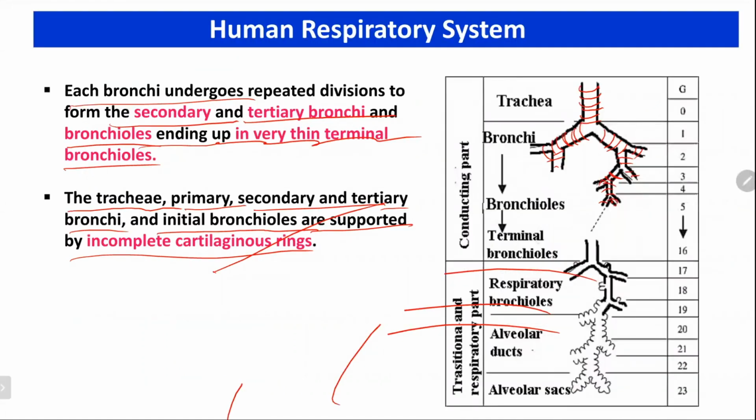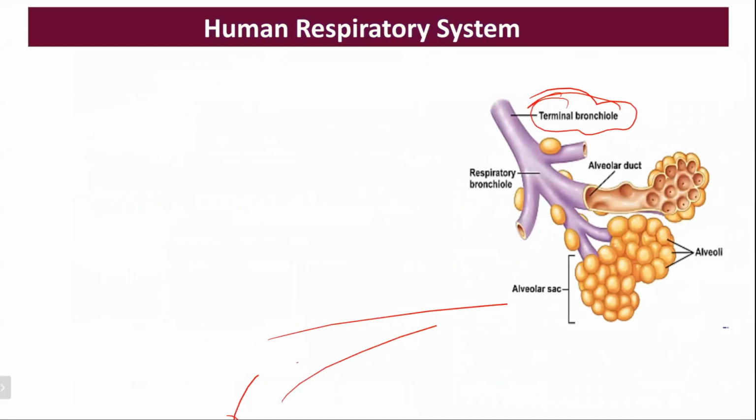So this is terminal bronchiole. You can find C-shaped cartilaginous rings up to initial bronchioles, not up to terminal bronchioles.